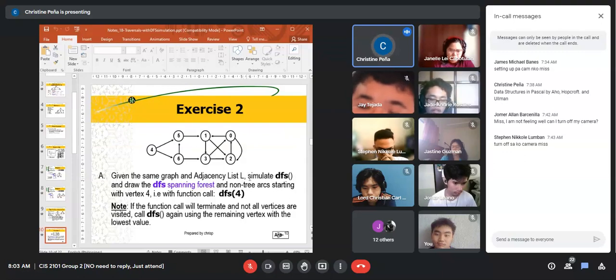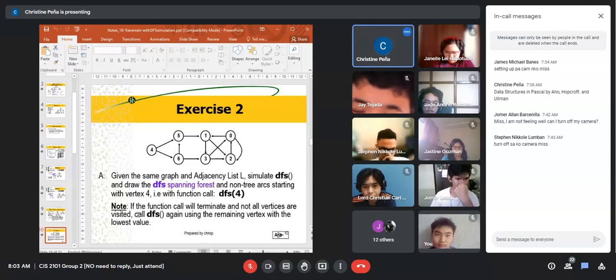What you're going to do is simulate DFS and draw the DFS spanning forest, this time starting with vertex 4, not with vertex 0. And if the function call terminates and not all vertices are visited, then call DFS again using the remaining vertex with the lowest value.